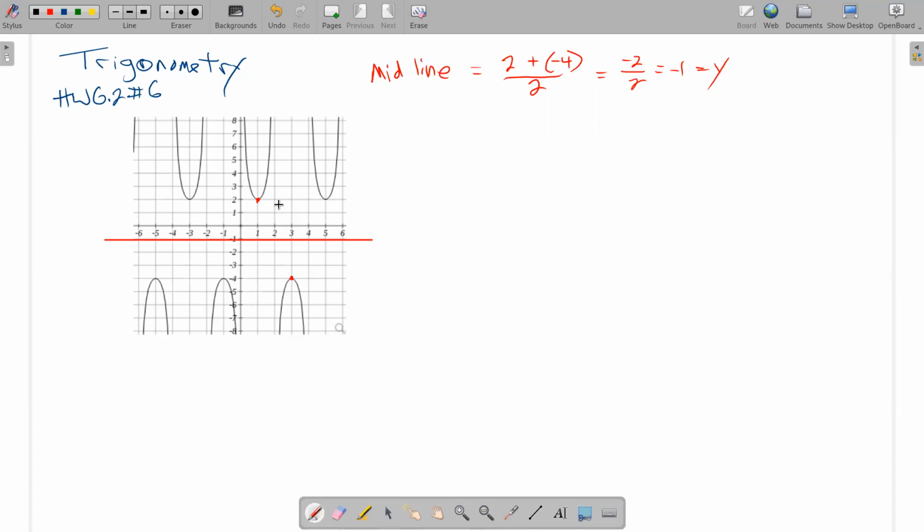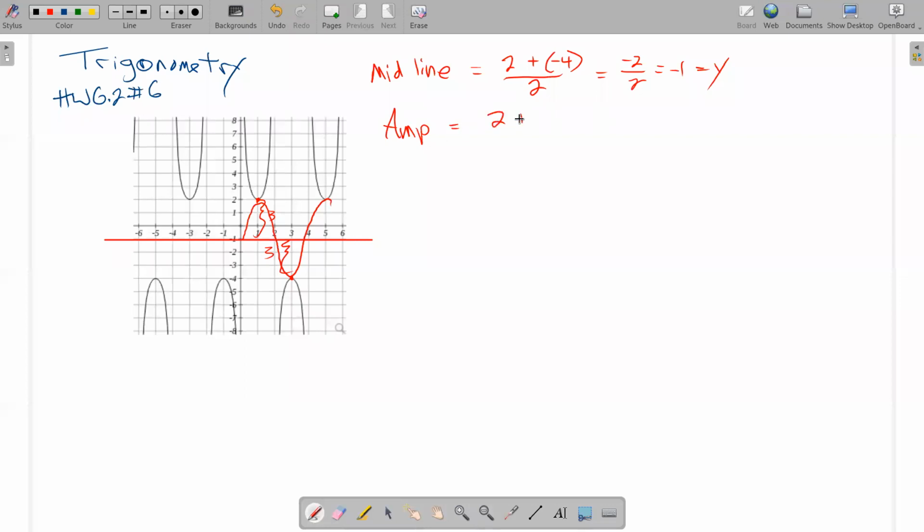And then notice that it's not 1 away from the midline. So that means there was a vertical stretch here. And so I can see that the distance from here to here is 3. Same thing, distance here to here is 3. That's what we call our amplitude of a sine wave. And remember, this is related to a sine wave that would come up, go down and up, but it's the reciprocal of that sine wave.